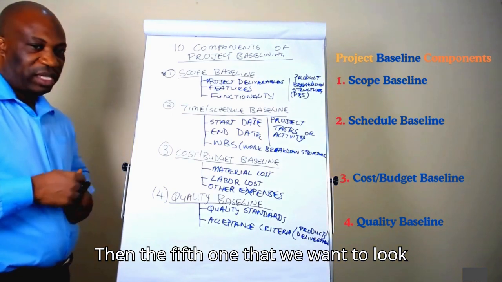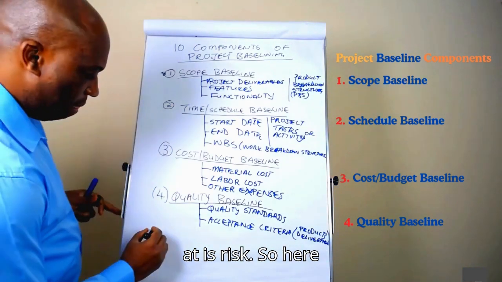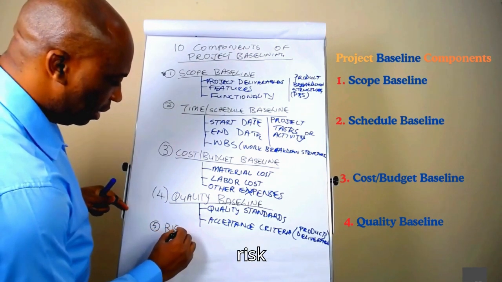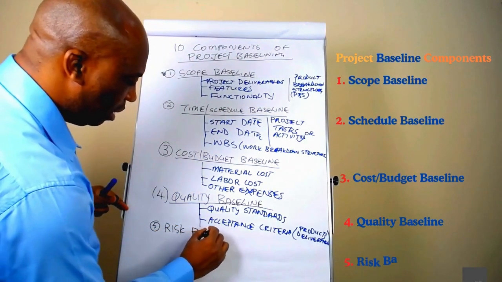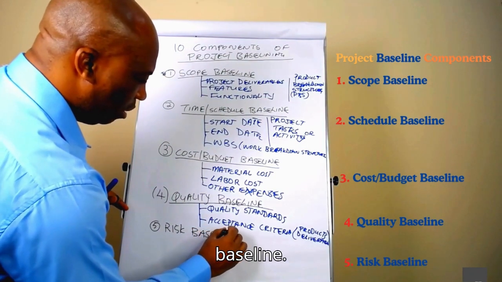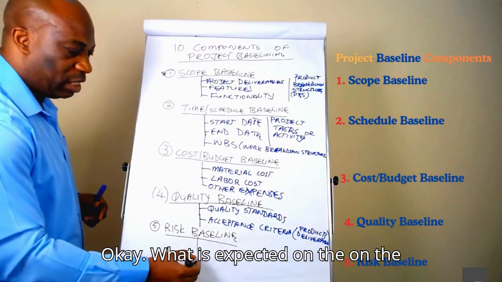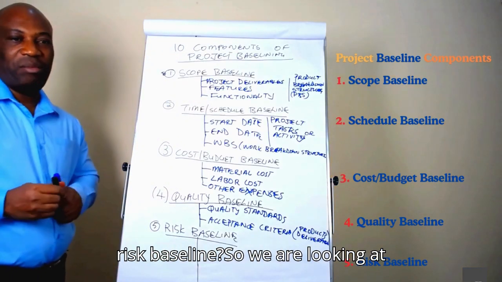Then the 5th one that we want to look at is risk. So here we are going to have number 5, risk baseline. Okay, what is expected on the risk baseline?